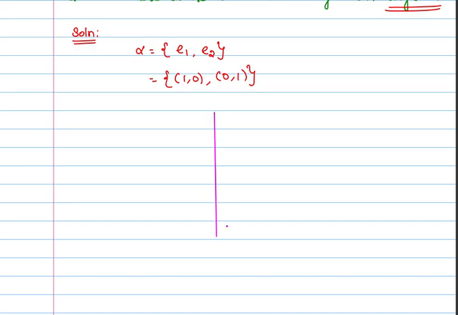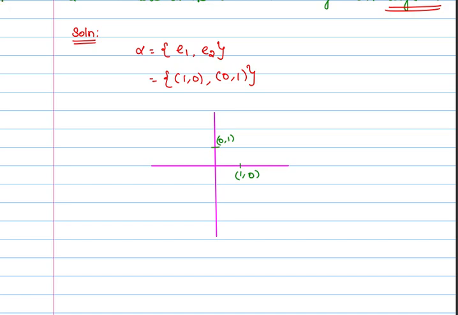I will take this as (1, 0), and this other one as (0, 1).